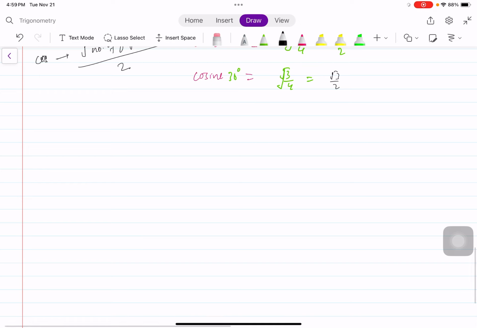Next we do another type of problem. This problem is related with finding exact values. Find the exact values of the following expression. Number A is sine pi by 4 times cotangent pi by 3.